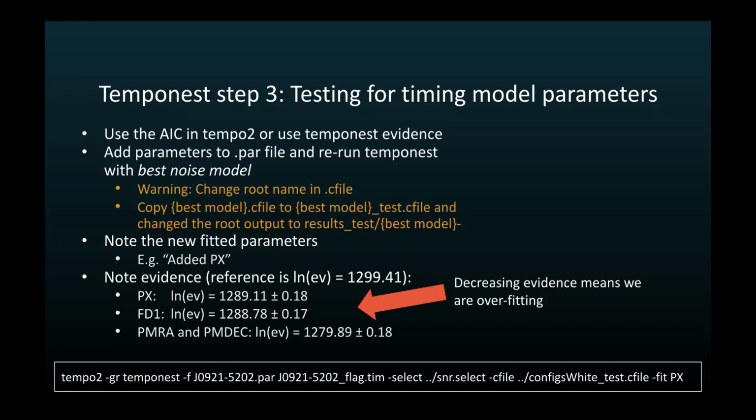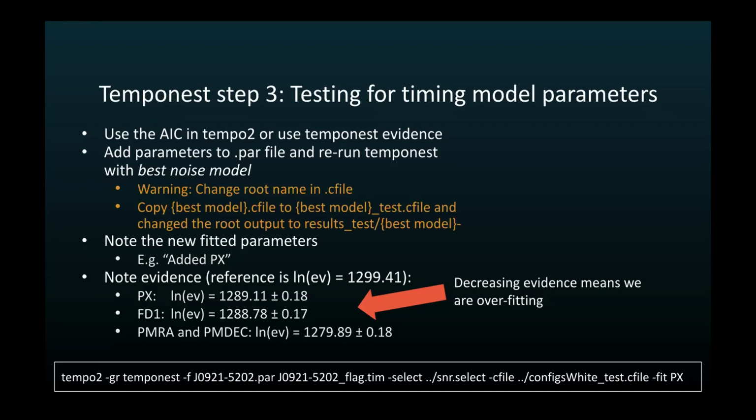Remember, integrating over the probability distribution. And then fitting for the noise models. And the result of that is here. So the log evidence in this case is 12.89. So it's actually decreased by 10. And this indicates that we're overfitting. And we're overfitting in this case because there's only 8 observations.